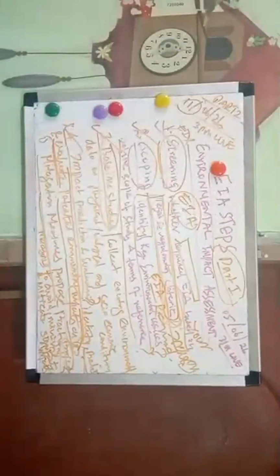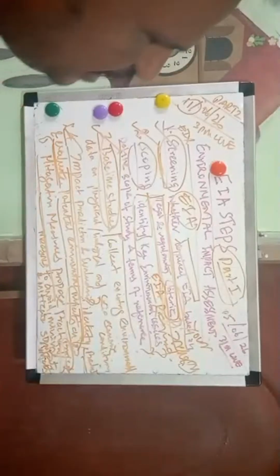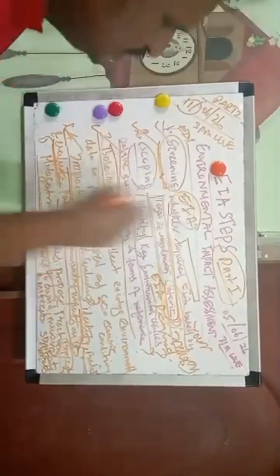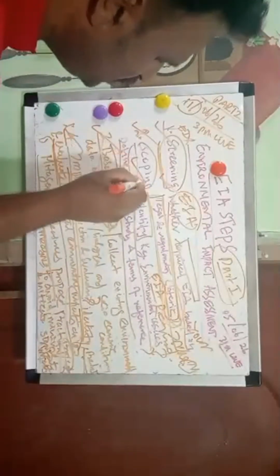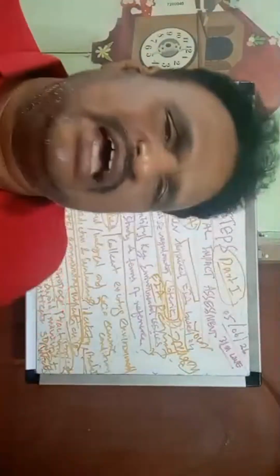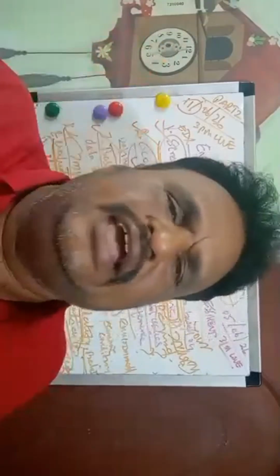When you decide on EIA, first you have to do screening, whether we can go for EIA or not. Then scoping: there are a lot of activities in an industry, but you go for EIA only on some hazardous and environmentally impacting areas, for example the chemical process.